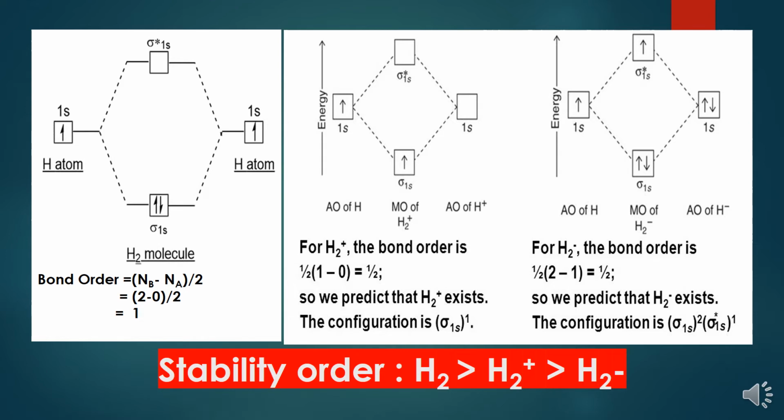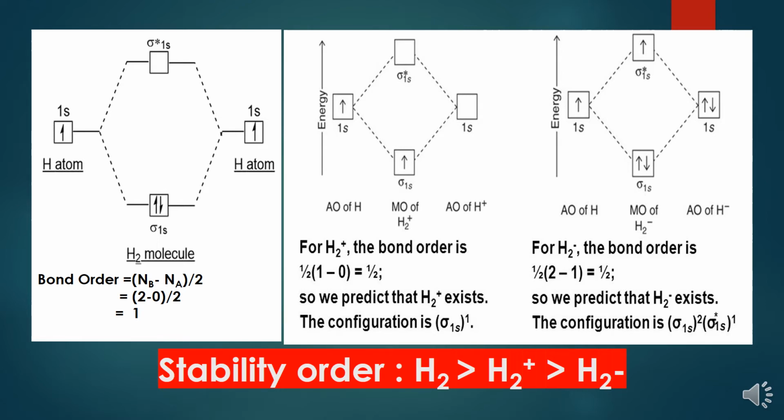As the bond order is lower than the H2 molecule, they will be less stable compared to H2. Paramagnetic nature can also be compared. H2 is diamagnetic, H2 positive is paramagnetic, and H2 negative is also paramagnetic because both of these have one unpaired electron. So the stability order is H2, the most stable, followed by H2 positive, which is followed by H2 negative.